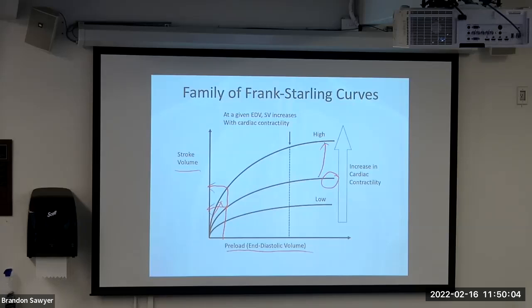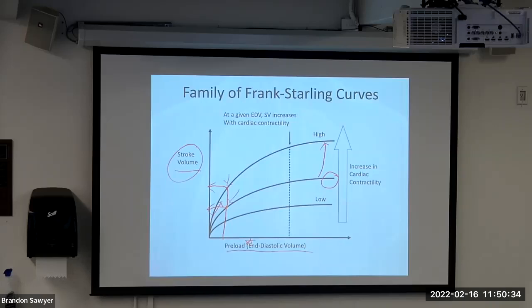So if end diastolic volume is the same, which volume had to change to give us a higher stroke volume? If we're just comparing this point to this point, same end diastolic volume, different stroke volume. There's only one other volume involved in the equation, right? So which one is it and which way did it go?